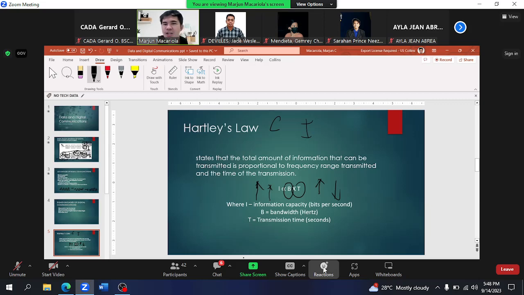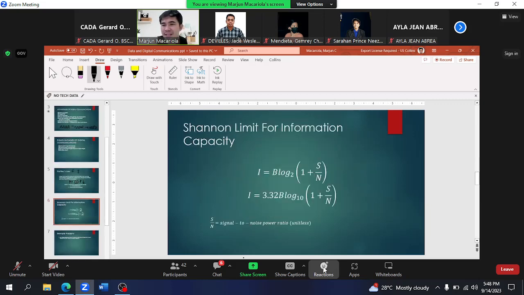Okay, for Shannon limit for information capacity, some of the books call it Shannon-Hartley limit for information capacity. Okay, Shannon-Hartley. So named after Claude E. Shannon, and si R. Hartley. Nalimutan ko lang yung R. Balikan ko na lang siguro after. Okay?